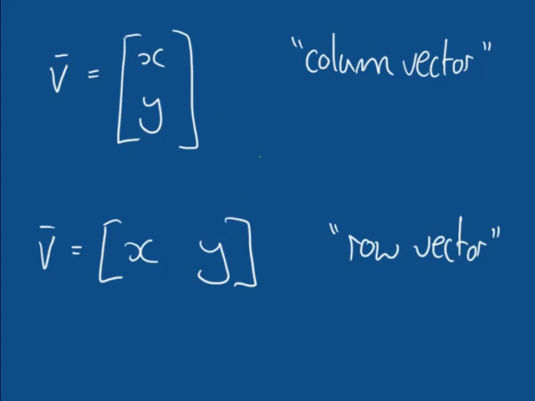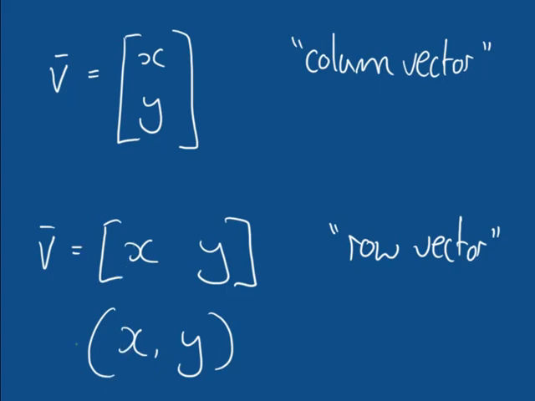Now you'll notice this is quite similar to how we represent coordinates in 2D Cartesian space. But you'll notice, unlike coordinates, there's no comma here separating the two different components. And also, we're using square brackets rather than parentheses.